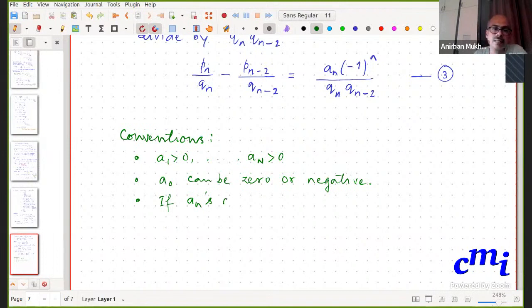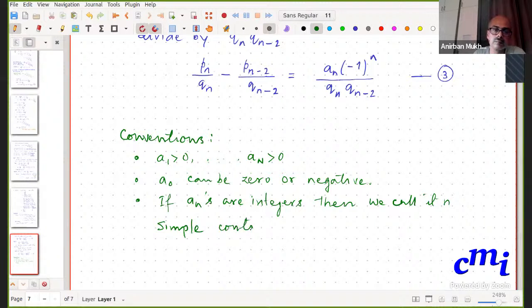So the a_n are integers, natural numbers, as they are all non-zero and positive. When the a_n are integers, we call the continued fraction a simple continued fraction.